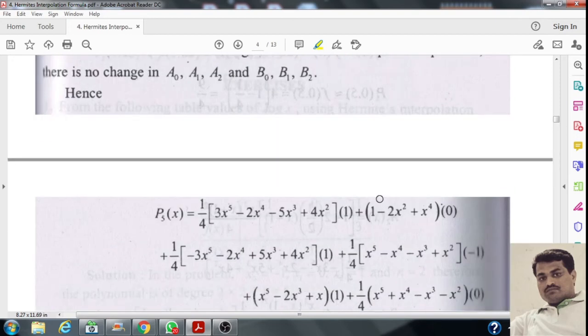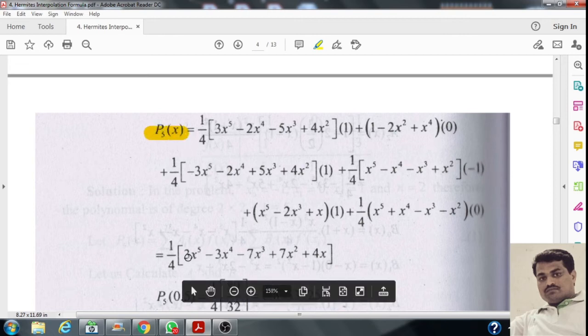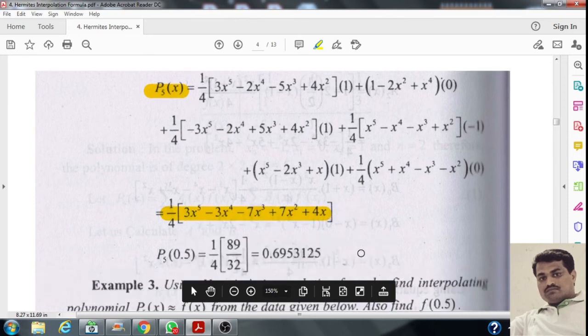Take all the values from the table and a0, a1, a2 and b0, b1, b2 in the Hermite's interpolation formula, and then we simplify, and get p5 of x is equal to 1 by 4 into 3 into x raised to 5 minus 3 into x raised to 4 minus 7x raised to 3 plus 7x square plus 4x. And this is the polynomial for the given data.